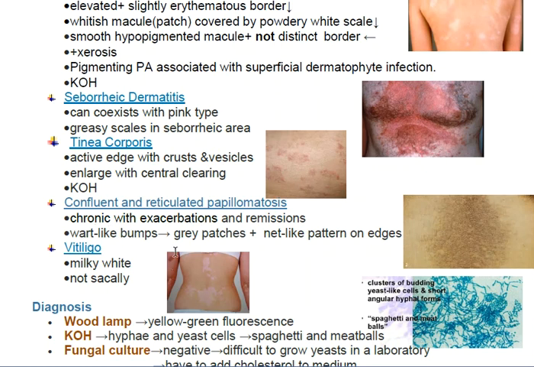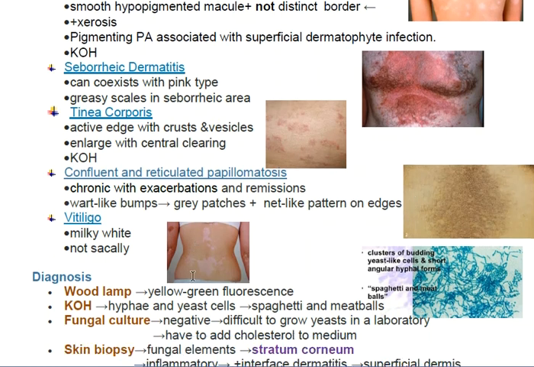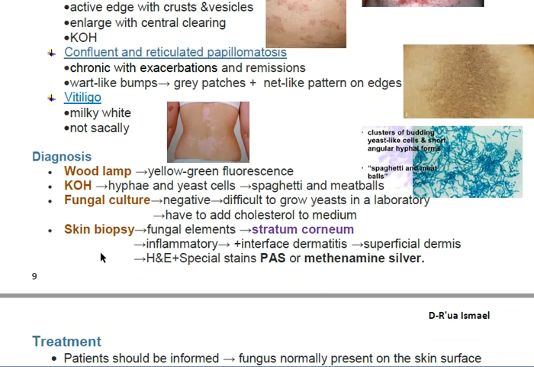It has wart-like bumps and a gray patch with a net-like pattern. Vitiligo has no scales, and it is against the universal color. It's milk white. Diagnosis: Wood's lamp showing yellow-green fluorescence, KOH showing hyphae and budding, and the specific picture of spaghetti and meatballs.